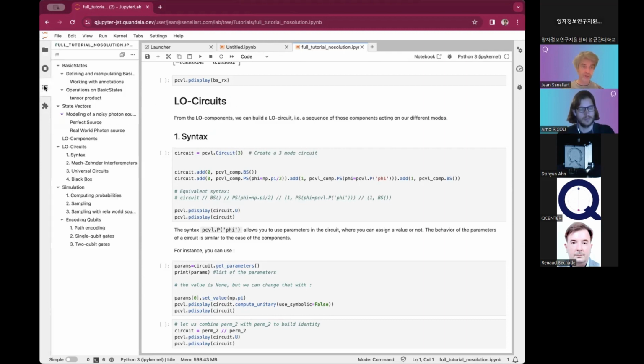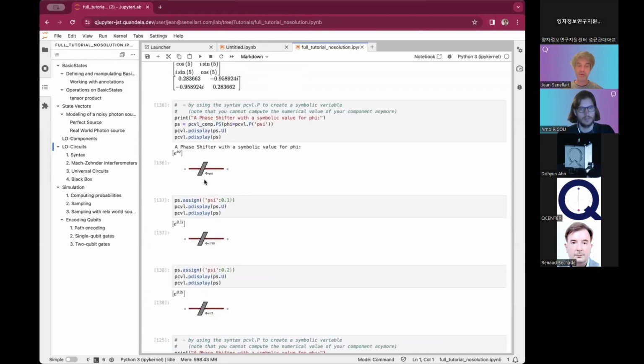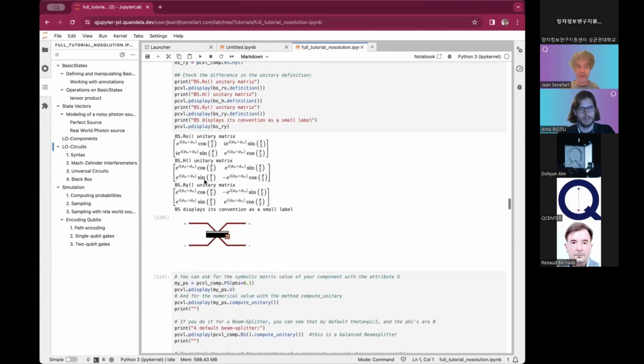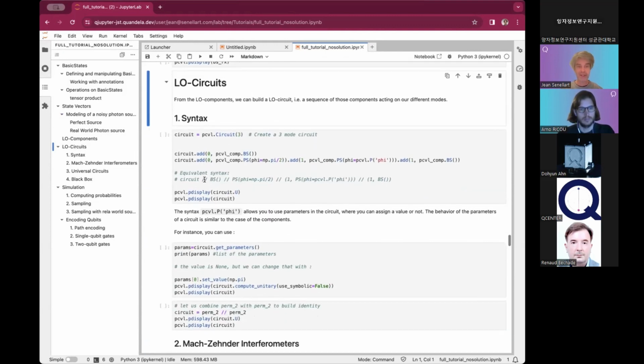To go fast, you can also look at this tab here and just click on LO circuits. LO stands for linear optic circuits, and we start from there. We saw that we could manipulate and see the unitary matrix of individual components, and we need to combine them to make a real circuit.